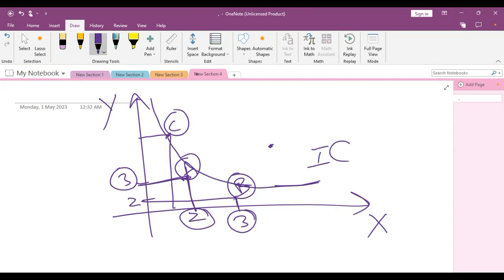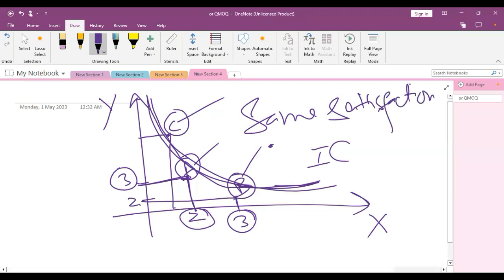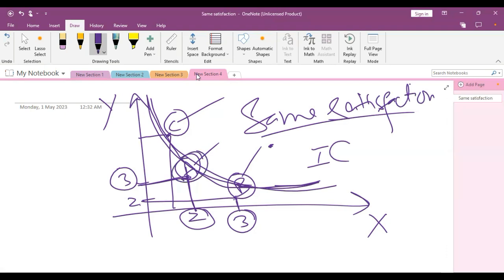It is called indifference curve because point A, point B, and point C, all points on the same IC give the same level of satisfaction to the consumer. So the consumer becomes indifferent to whichever point he chooses. If we choose point A, the level of satisfaction or utility is the same. If he chooses point B, the satisfaction level is the same.